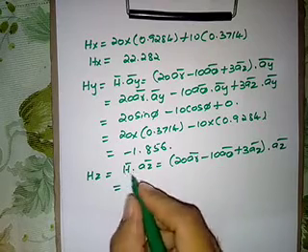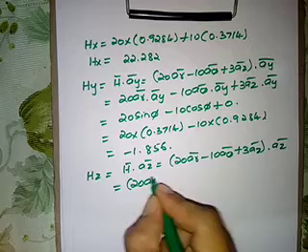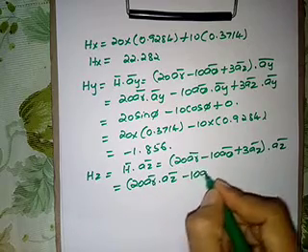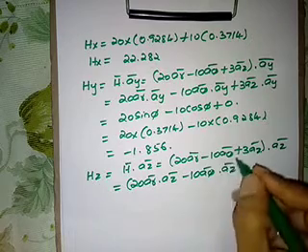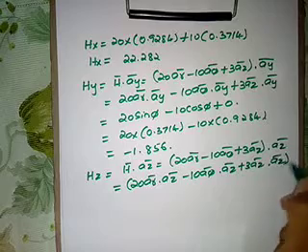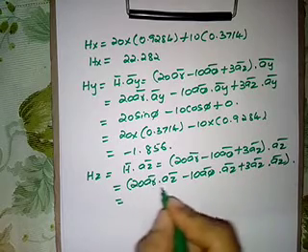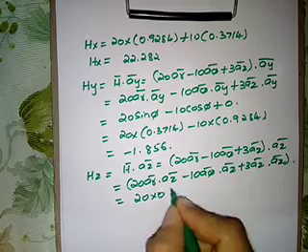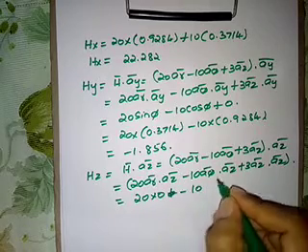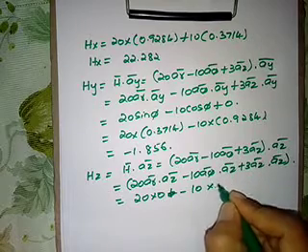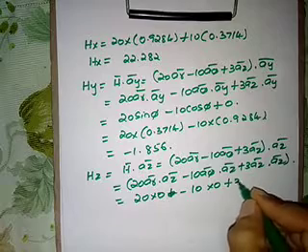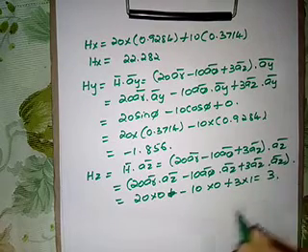I can write it as 20 ar bar dot az bar minus 10 a phi bar dot az bar plus 3 az bar dot az bar. Ar bar dot az bar is 0, so 20 into 0, minus 10 a phi bar dot az bar is 0, minus 10 into 0, plus 3 az bar dot az bar is 1, so plus 3 into 1. So this comes out to 3.